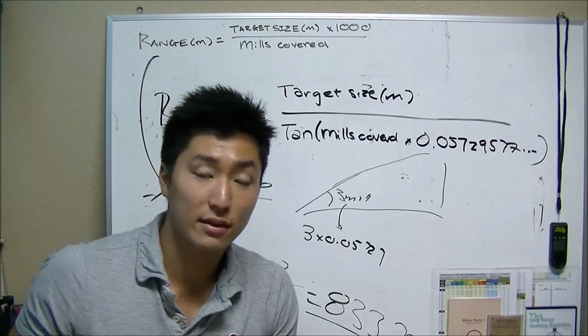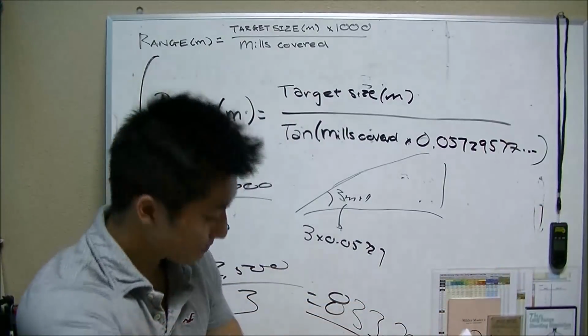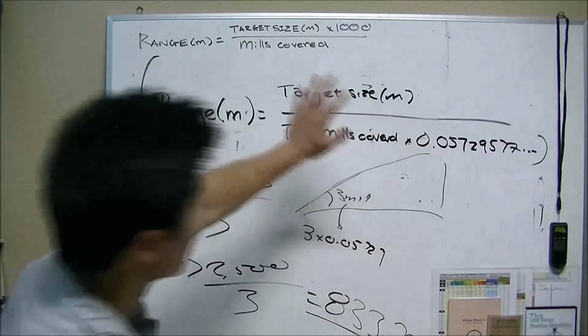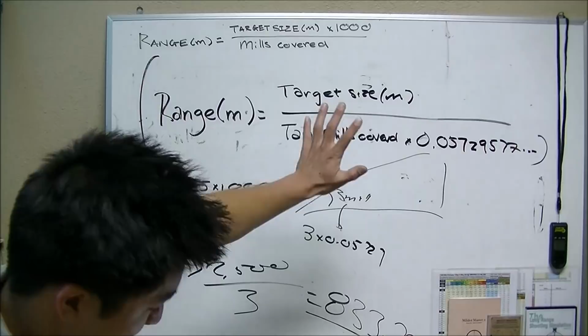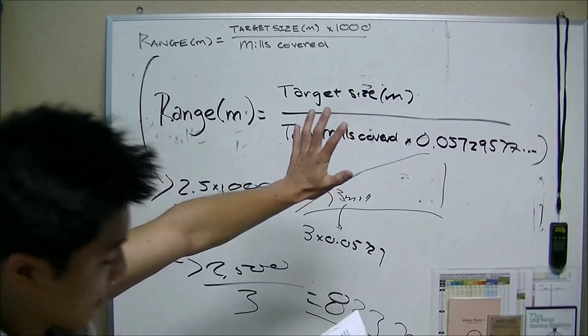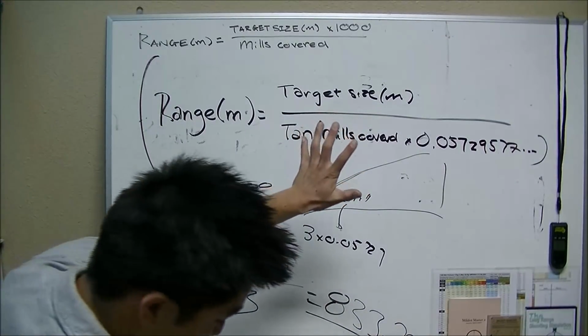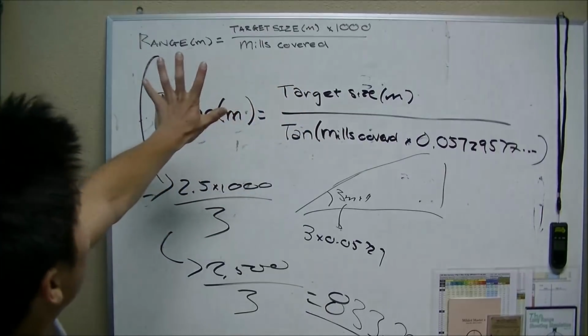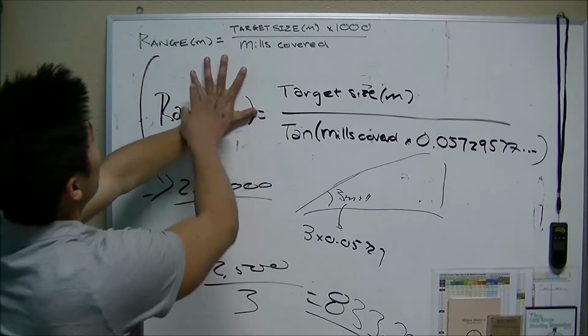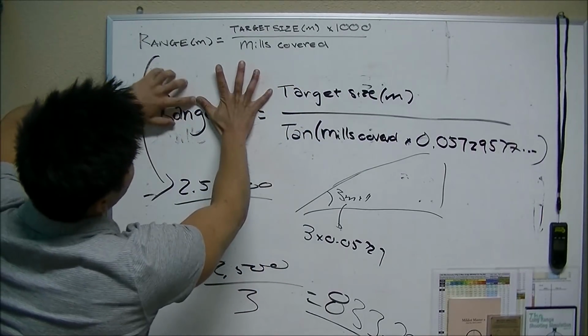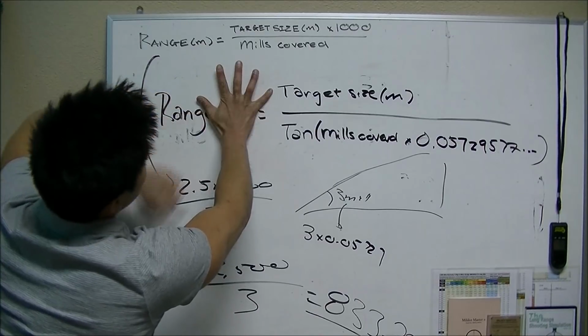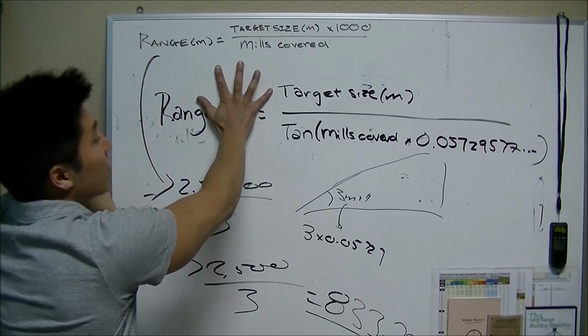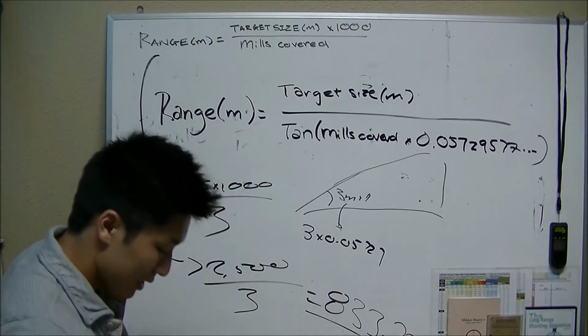As we could, put our hand up here. With the arm stretched out, 300 mils is basically the width of your hand from this part here to the end of the pinky right there. That's supposedly 300 mils, a rough estimation.